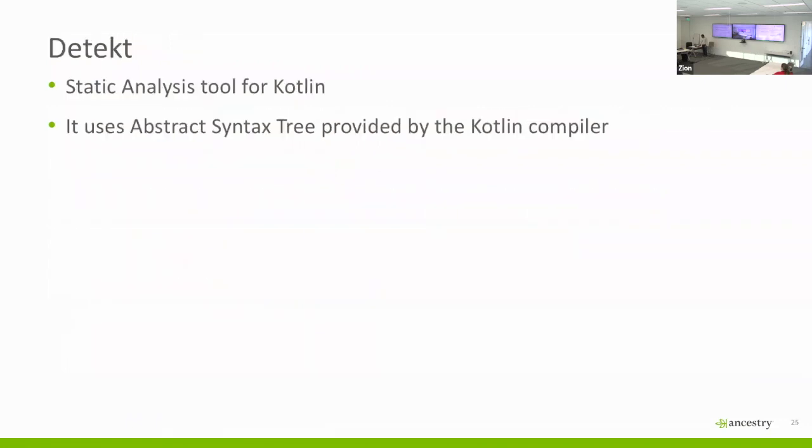And then the last tool I want to talk about is detekt. This is also another static analysis tool. It uses what they call an abstract syntax tree provided by the Kotlin compiler. For the purpose of this talk, let's just say that detekt uses this tree to go through each and every Kotlin file in your source code and then performs analysis on it and reports it.